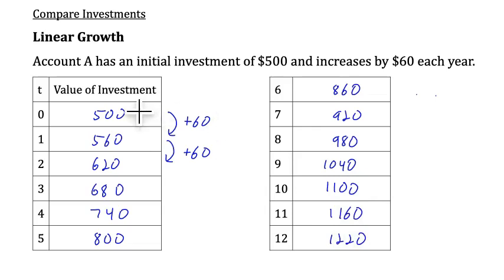So starting with $500 and adding $60 every year for 12 years, we end up with $1,220. Notice that with linear growth, we're adding the same amount each time. In this case, we are adding 60. So the rate of change is 60.